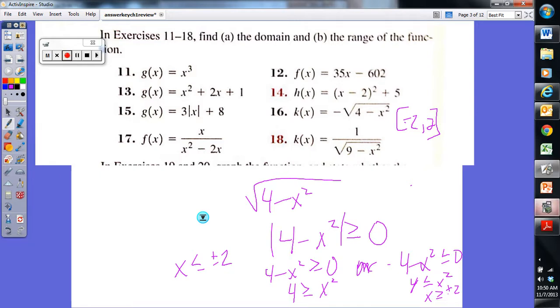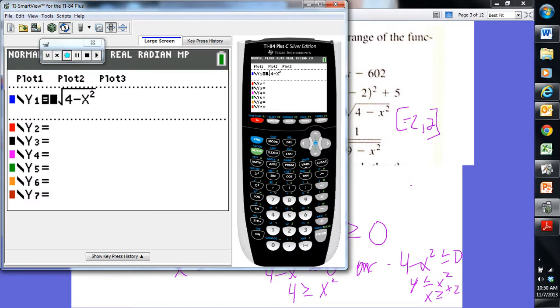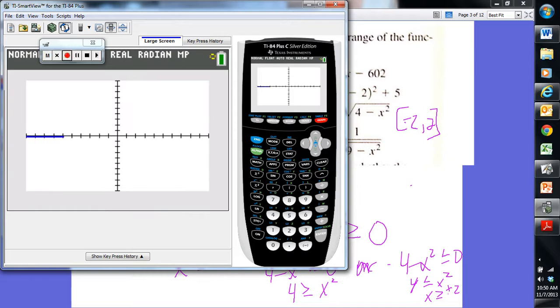17, when we look at the graph, x over x squared minus 2x. It's harder to see a domain with a fraction because sometimes we have things called a hole.